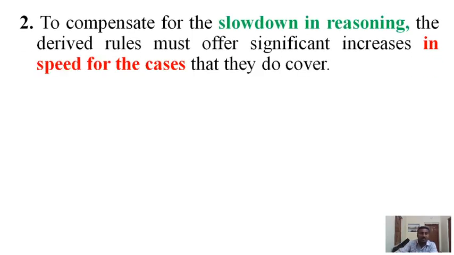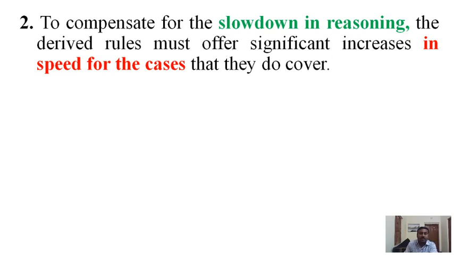The second one is to compensate the slowdown in reasoning. The derived rules must offer a significant increase in speed for the cases that they do cover. So when reasoning slows down, to compensate for that, we provide speed for the cases.